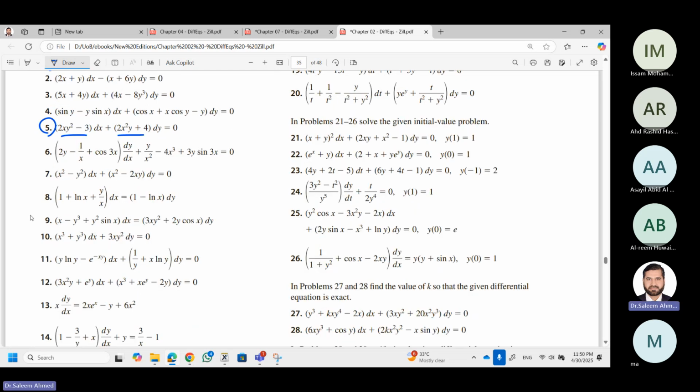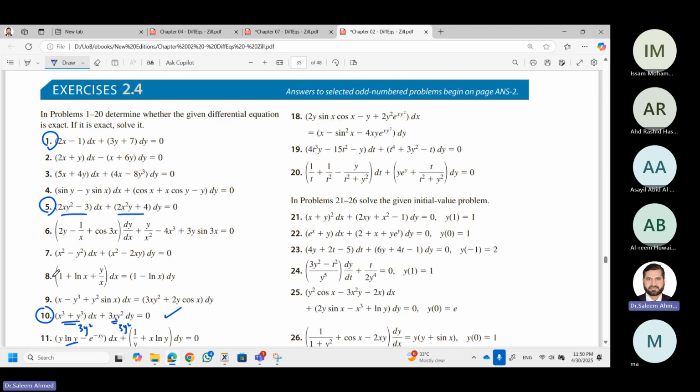Okay, so this one is maybe good. You see the derivative of this with respect to y is 3y square. Derivative of this with respect to x is also 3y square. So they both are equal. It's an exact equation. You can solve that. So try any one like that, just a polynomial one. Don't go with sine, cosine, or log x. Don't worry about that, okay? So I think they will give you enough practice. Do either one of that.